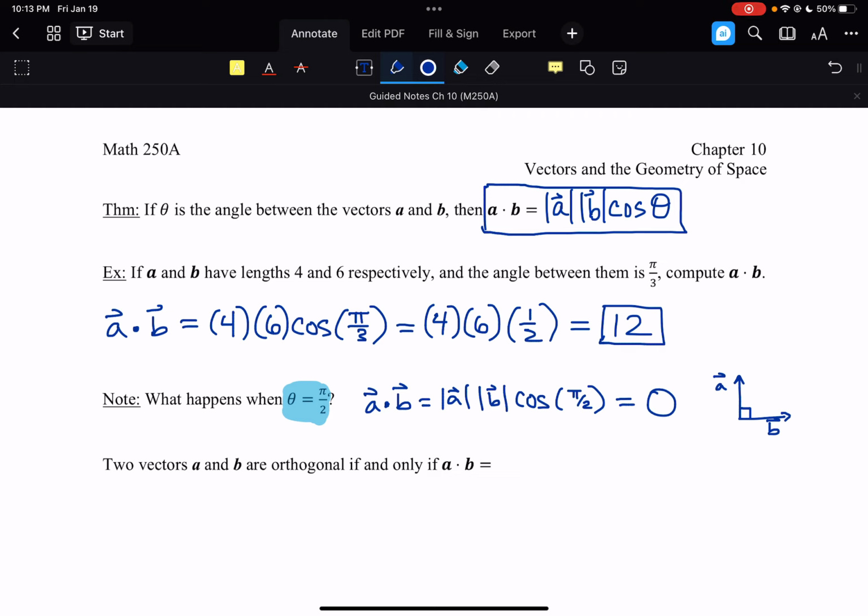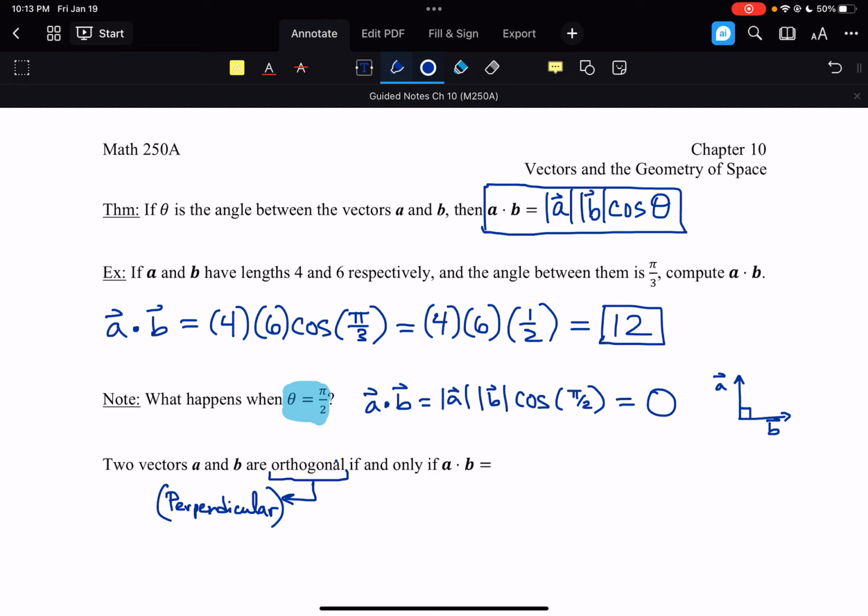So we say two vectors A and B are orthogonal. Now, orthogonal is a new word for us. Orthogonal essentially means the same thing as perpendicular, meaning that there is a 90-degree angle between the two vectors.